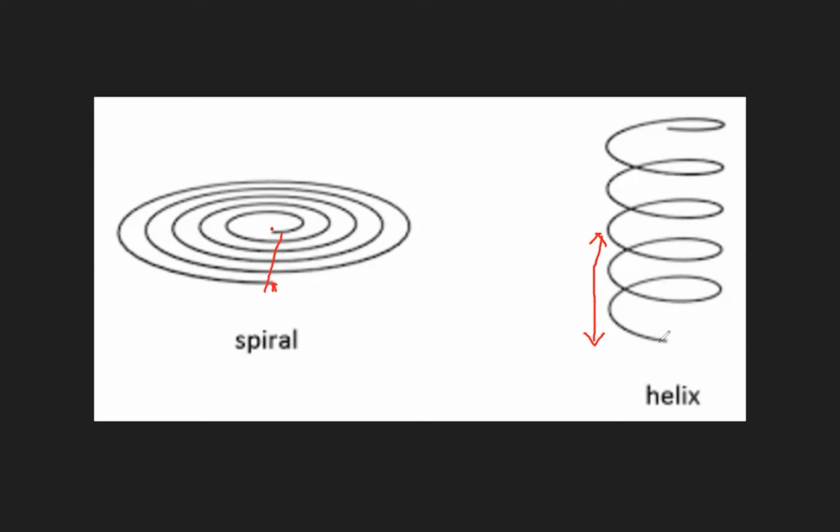Whereas the helix, you rise. You keep rising, or if you're at the top, you descend. You go down. If you're at the bottom, you go up, right? Whereas this is on a flat piece of land. So we can put here flat.